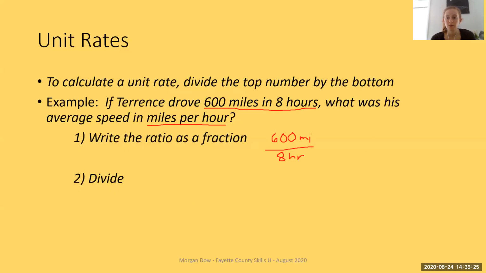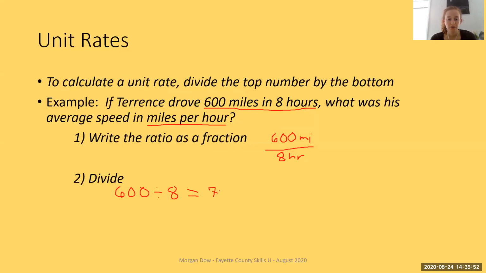And then the second step is just to divide. So 600 divided by 8, you could do that by long division, or you could do it with a calculator. 600 divided by 8 is 75.